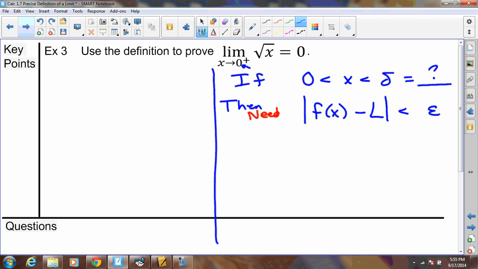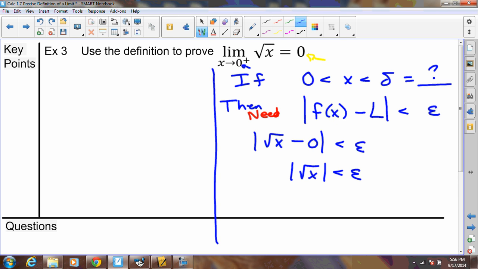Let's start putting the pieces in. F of x is just the square root of x. L is the limit. That's another 0. We need this part to be true. Well, of course, subtracting 0 doesn't do much. It just says right there.